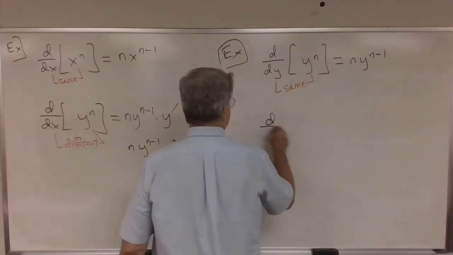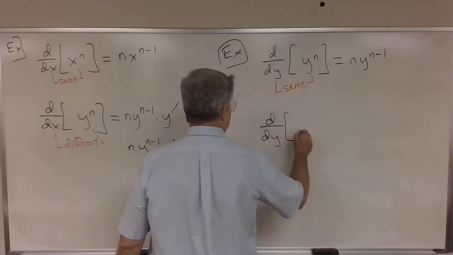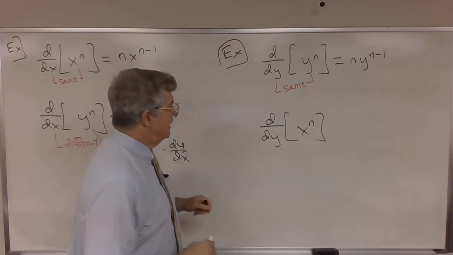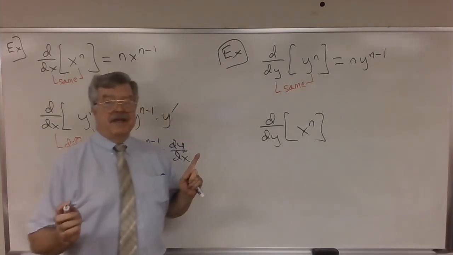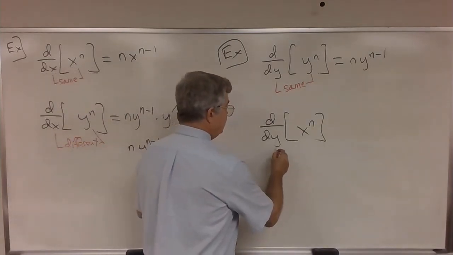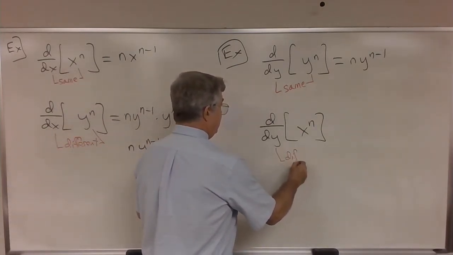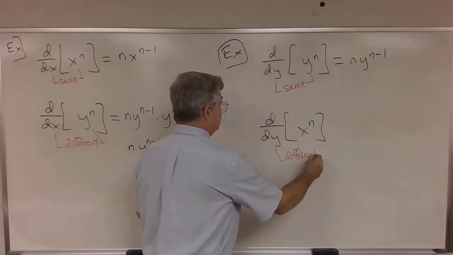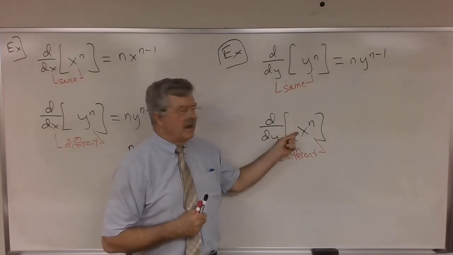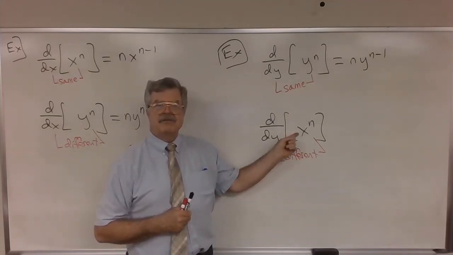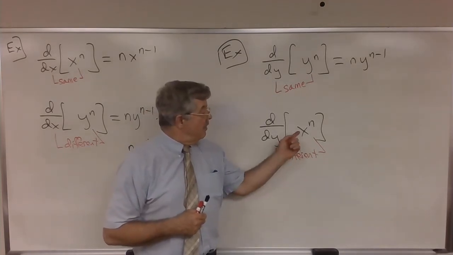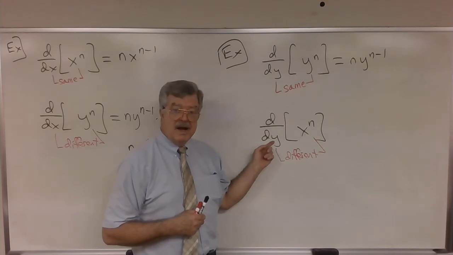Let's try this. Yeah. Now, if we really understand what's going on here, this is not a big deal. We look at these two variables, and they're different. So what do we consider x to be? x is a variable, but it's also a function of y.